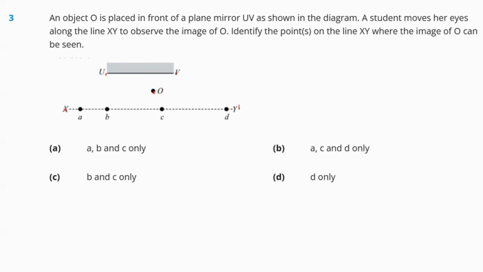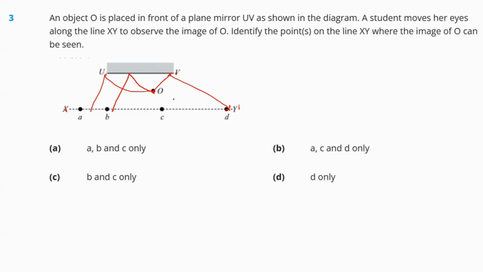Everybody, we know that for any object, an incident ray will be there, and then a reflected ray would be coming back to your eye. I'm showing just one ray, but many rays would be going like this and reflecting back.